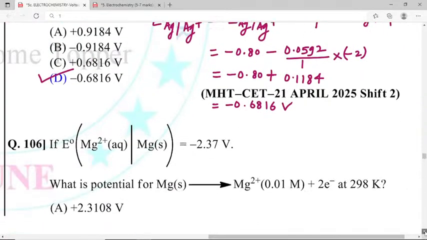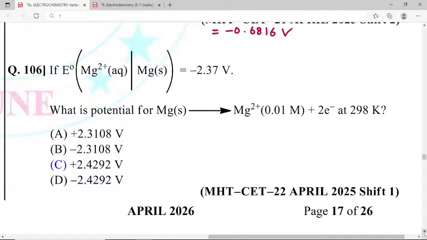Question 105. Same question, Mg2+ by Mg. सेम क्वेश्चन दिलेला आहे 10 to power minus 2. सॉल्व करा. Mg2+ by Mg, minus a, so it becomes a plus value. ठीक है, सेम क्वेश्चन सॉल्व करा.